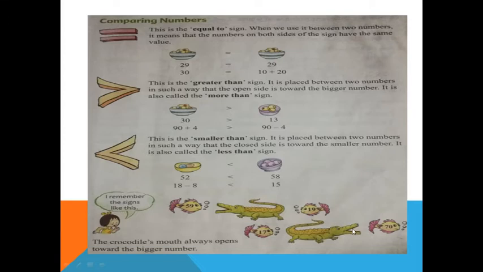See, the one that is opening its mouth is big, and the one that is pointing is small. Same, the open side is 59, and the closed pointing side is 19, which means small. See here, this is the greater than sign. It is placed between two numbers in such a way that the open side is towards the bigger number. It is also called the more than sign.